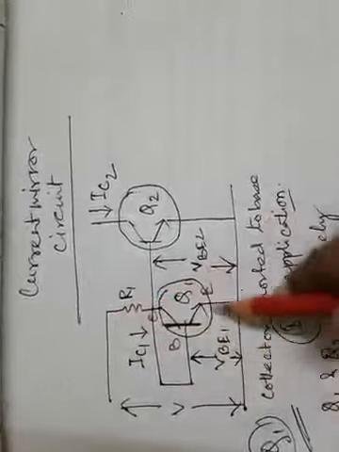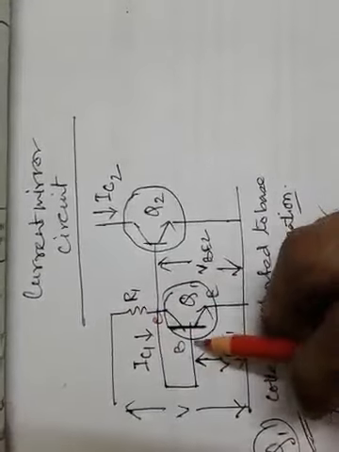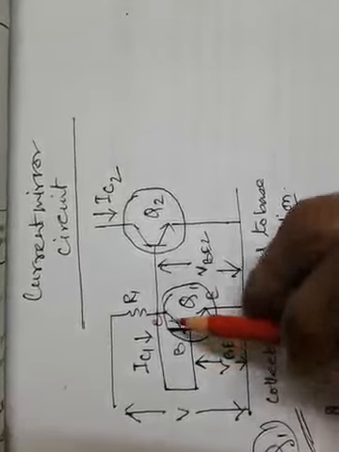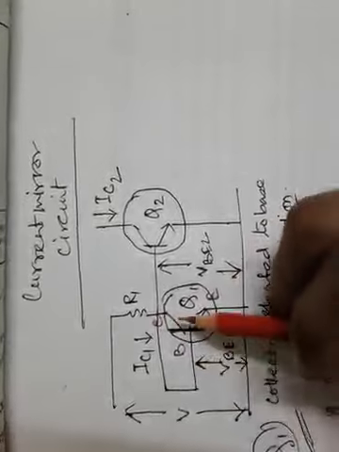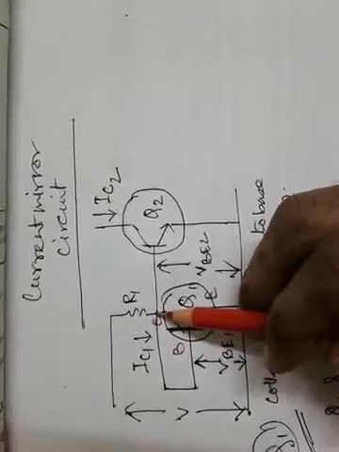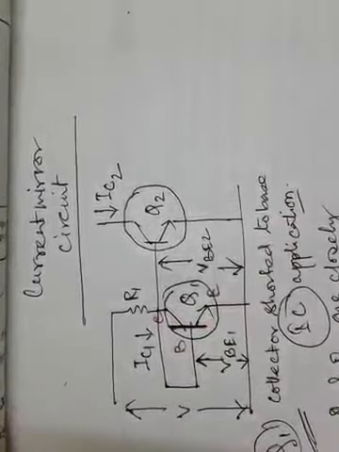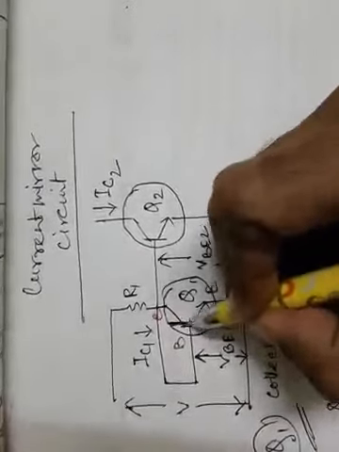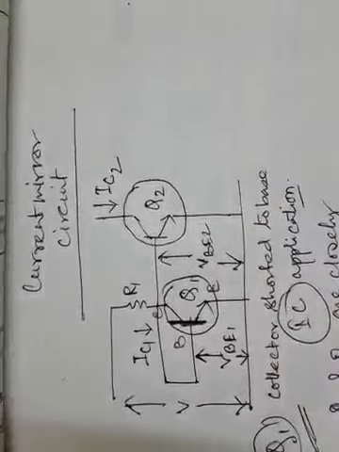Now this is a simple circuit. Here no base bias is directly applied to the base, no biasing resistor is present, but the collector of Q1 is shorted to base, it is directly connected to base, and this is a special type of connection.